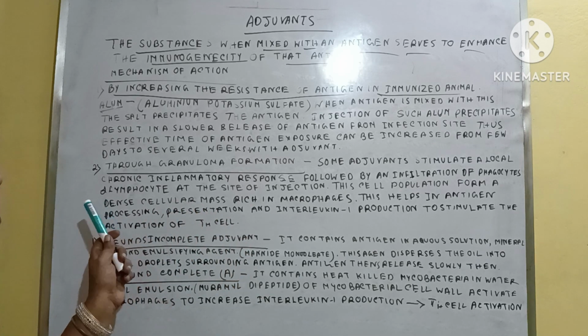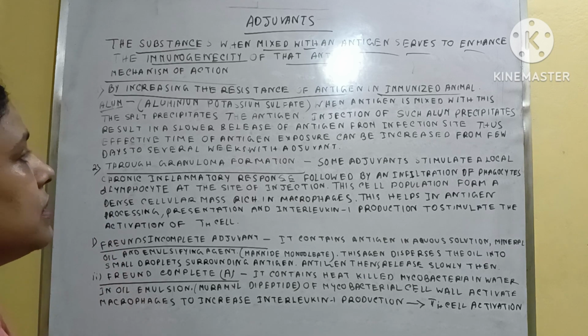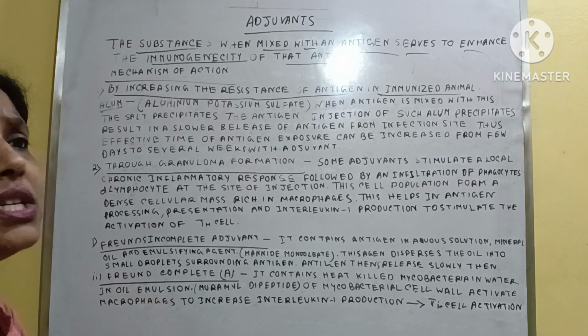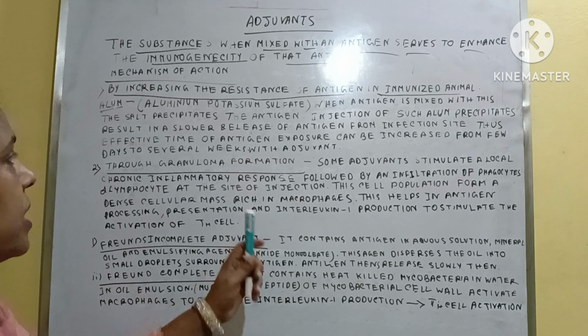And this one is generally done in allergic recognition. The human body is allergic to different types of substances, so in the laboratory we find out the allergic recognition by doing this.